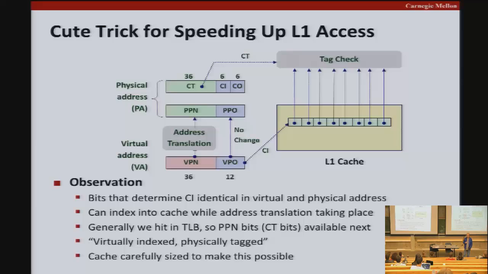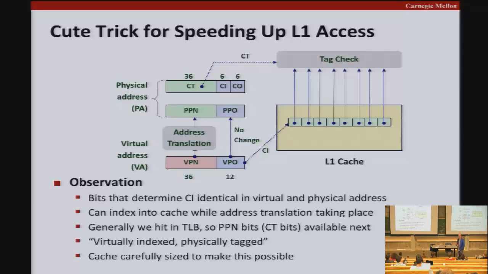Why is it low? Why are you incredibly more likely to hit in the TLB if you were also going to hit in the L1 cache? Yeah, because remember that the cache line is only 8 bytes long, but the TLB entry is good for 4K. So the chances that you would have it in your cache and not have it in your TLB would be pretty weird.